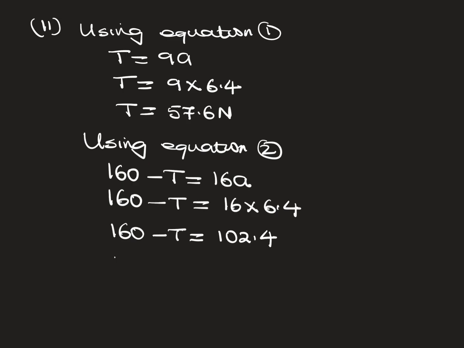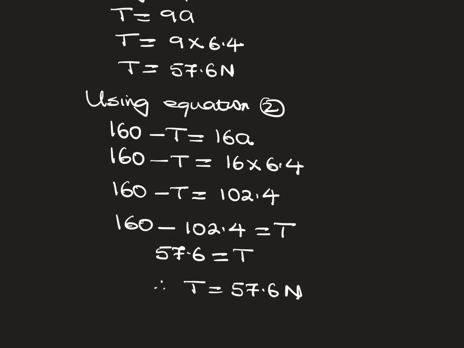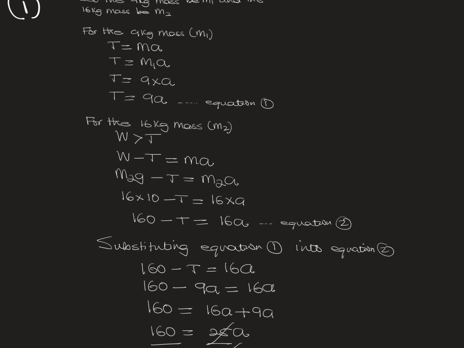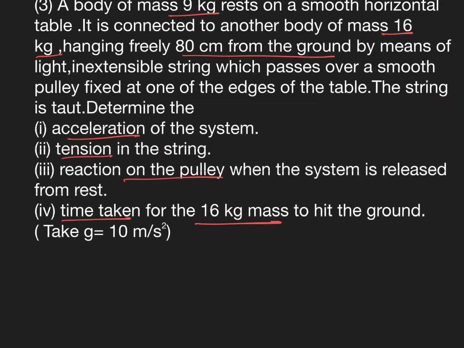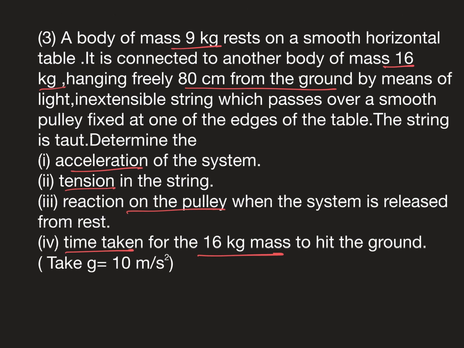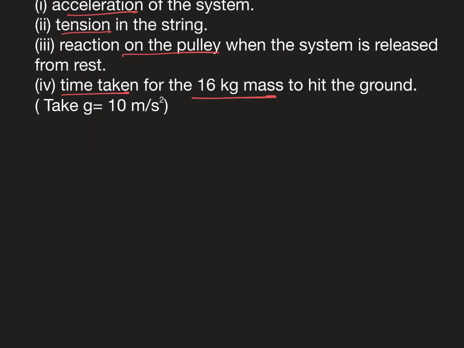So we can say 160 minus 102.4 is equal to T, and 57.6 is equal to T. Therefore, T is equal to 57.6 newtons. We can now move on to answer question 3, which asks us to determine the reaction on the pulley when the system is released from rest.